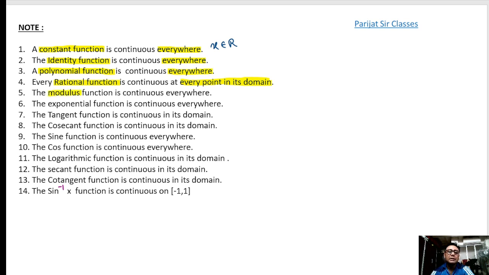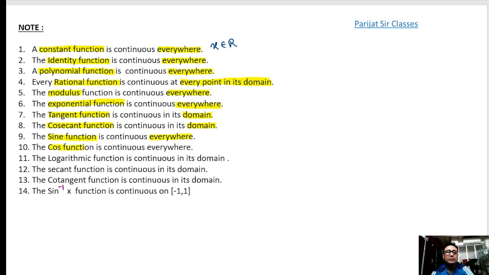Modulus function is continuous everywhere. Exponential function is continuous everywhere. Tangent function is continuous in its domain. Cosecant function is continuous in its domain. Sine function is continuous everywhere.